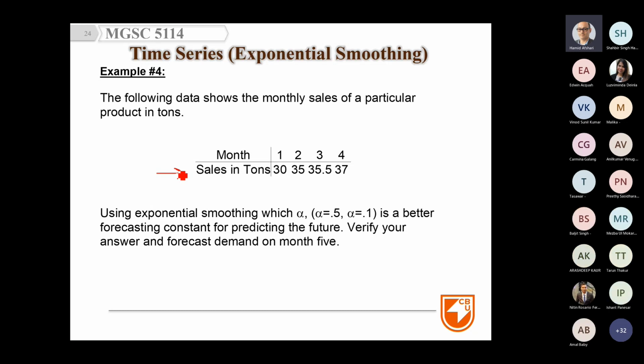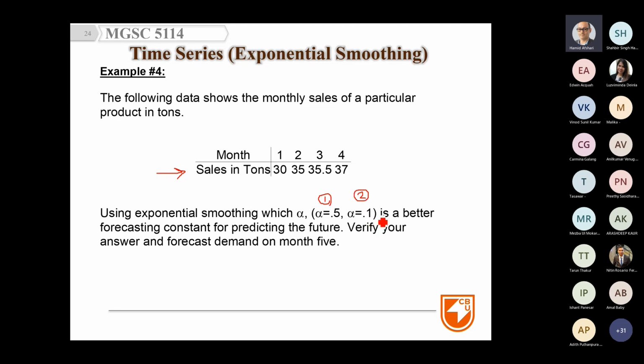And then it's asking you, I have two options. Option number 1 is I assume alpha is equal to 0.5. In other words, assign equal weights for actual and forecast data. Perfect. Or use the second method, which is alpha equal to 0.1.